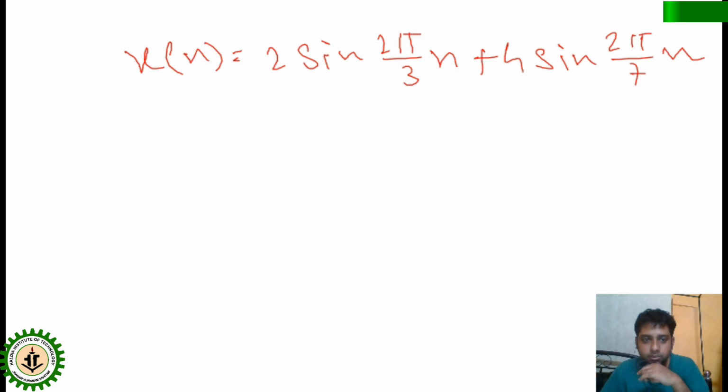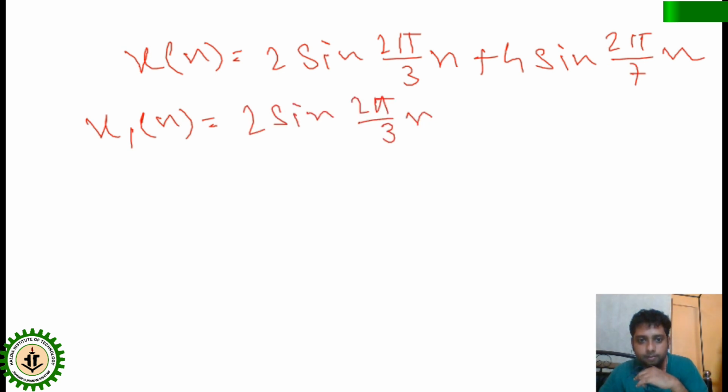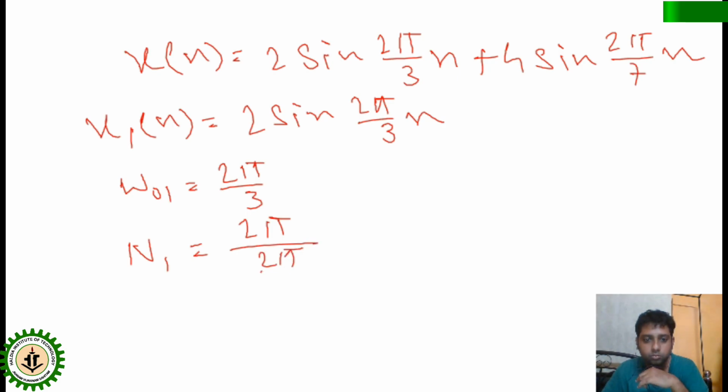For that, suppose we consider x1n is equal to 2 sine 2 pi by 3n. Comparing with the standard expression, we get omega naught 1 is equal to 2 pi by 3. From there we can find the fundamental period, 2 pi by 3 into m, that is 3m, that is 3 when m is equal to 1.